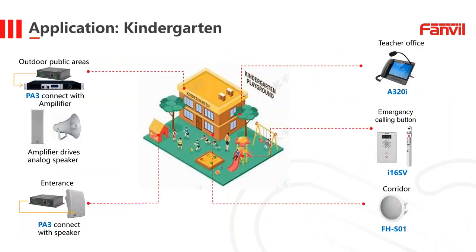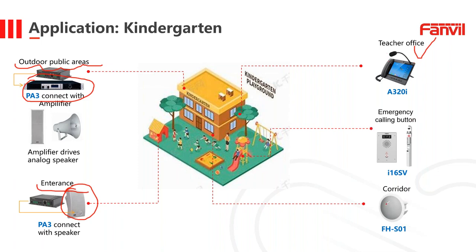And installers or integrators can install the IP console phone in the teacher's office, and the PA gateway can be connected with an analog amplifier or analog speaker, and they can be installed in outdoor public areas, entrances, or many other scenarios.